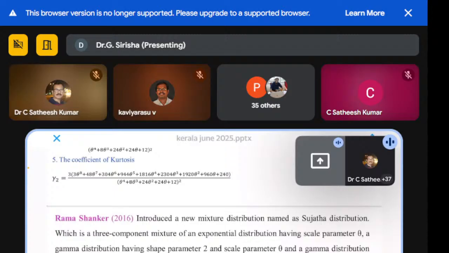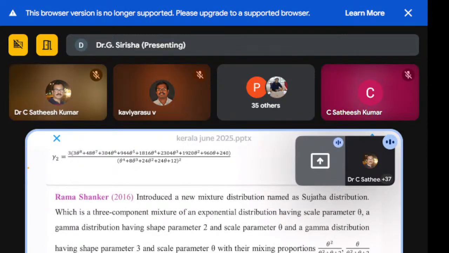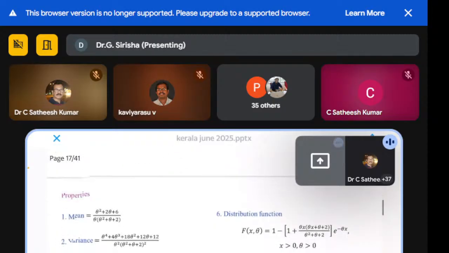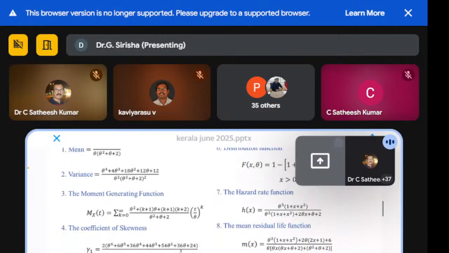The third one is also gamma with shape parameter 3 and scale parameter theta. The mixing weights are different: we have theta square by (theta square plus theta plus 2), theta by (theta square plus theta plus 2), and 2 by (theta square plus theta plus 2) respectively. They have obtained the density in this form, and these are the properties of this Sujata distribution.